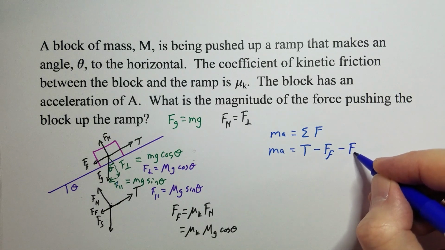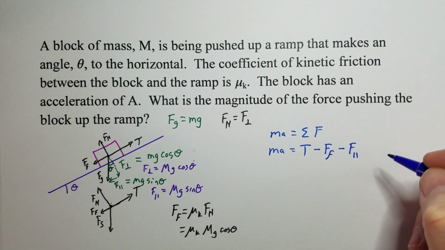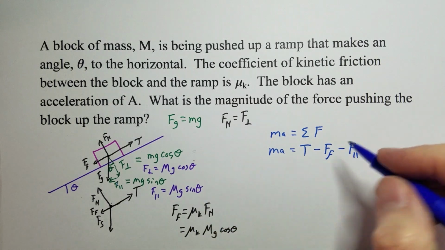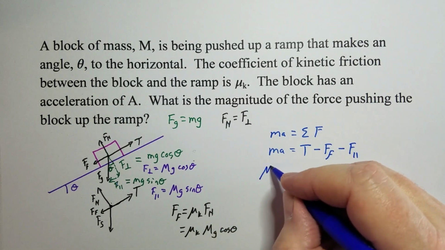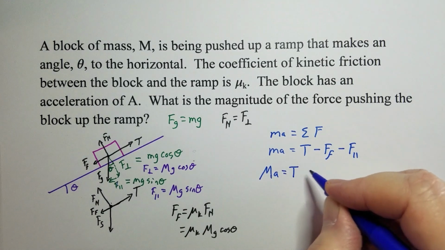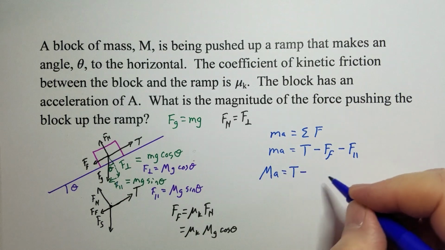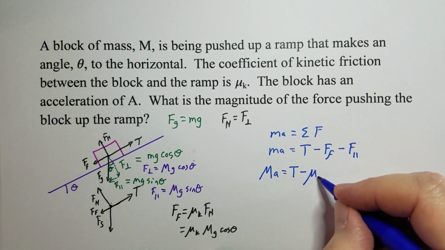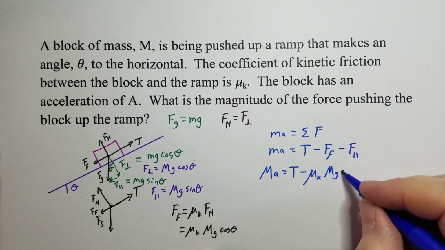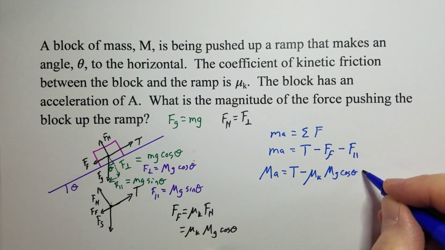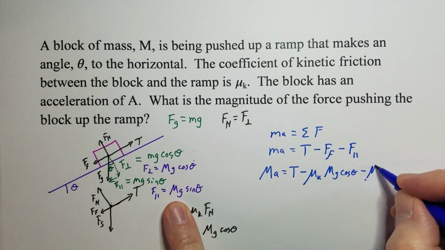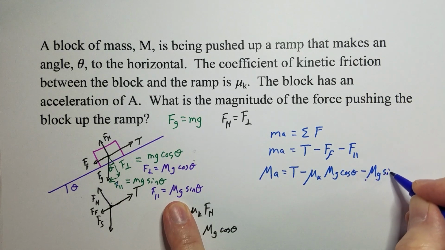That's also going to slow things down some. So now when I put all these and substitute them in, we get MA equals our tension, whatever that happens to be, minus friction, which is mu K M G cosine theta, minus the force parallel, which is mg sine theta.